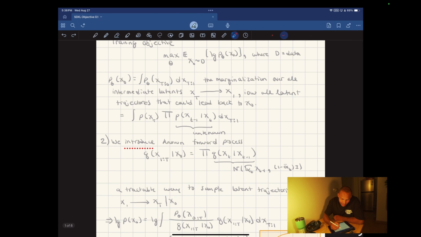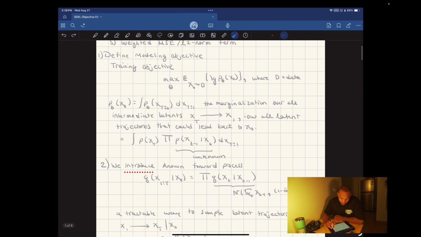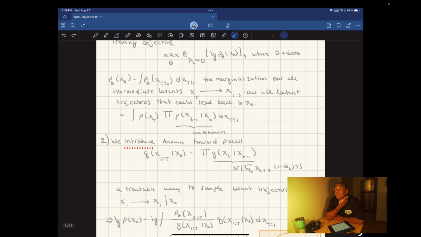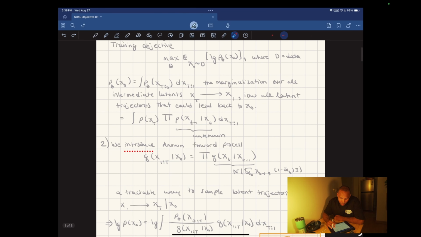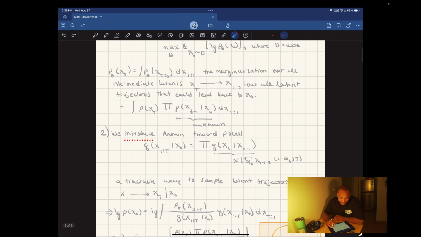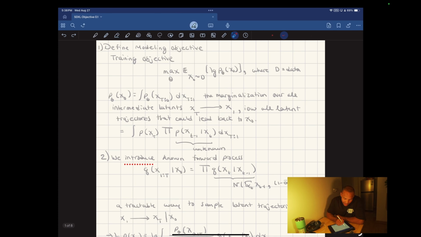Now we're just going to look at this without the log, a single data point, and try to expand it. First I need to show you why this is intractable, why it's unsolvable, and then we're going to introduce a known forward process.